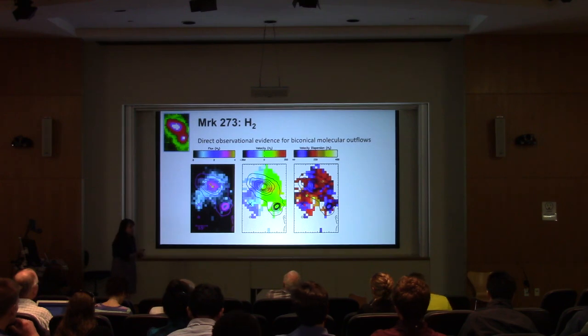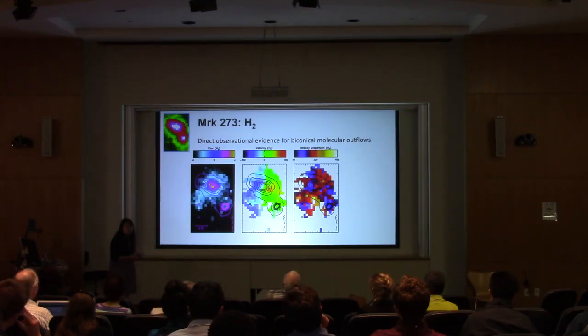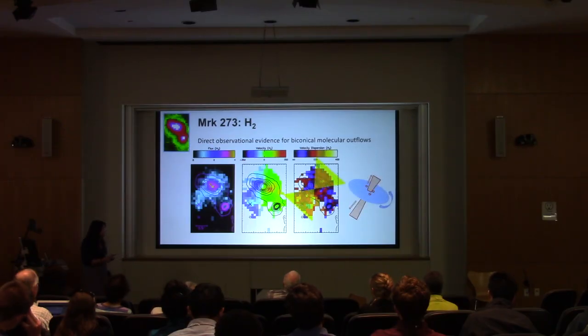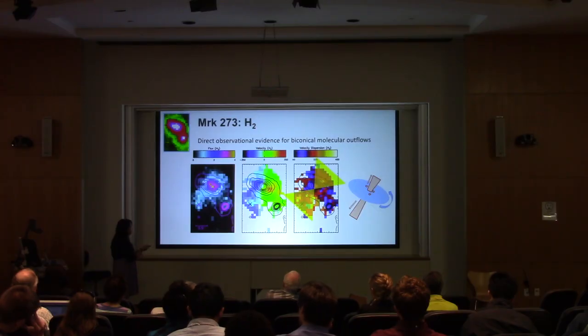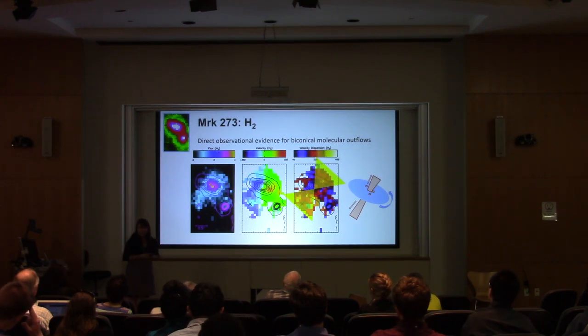But what's really interesting here is the dispersion corresponding to molecular hydrogen, which is enhanced along the minor axis of the rotating disk. So what we were able to paint for this system is a picture where we see rotating gas disks around the northern nucleus, and we see direct evidence for a biconical molecular outflow coming out of it, with some pockets of ionized gas in this disk.